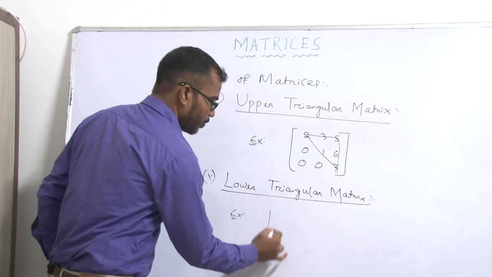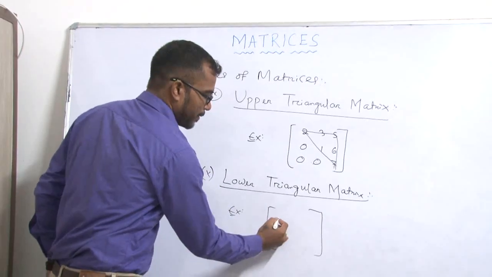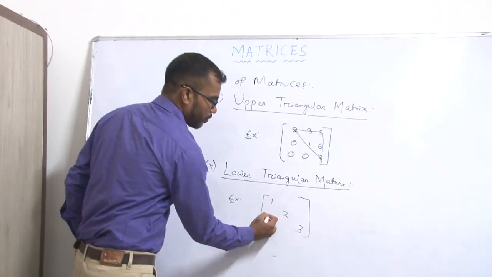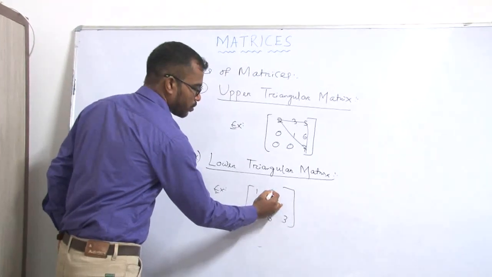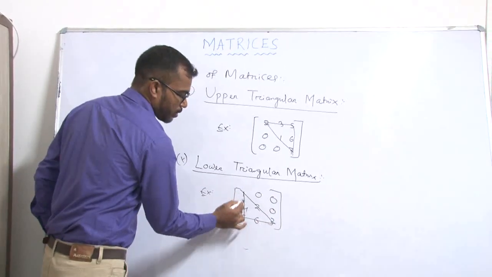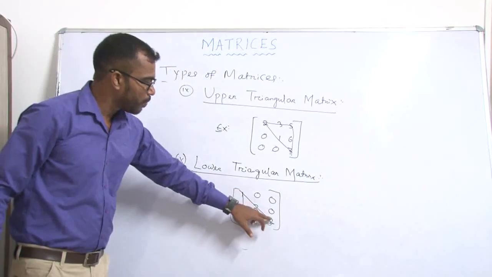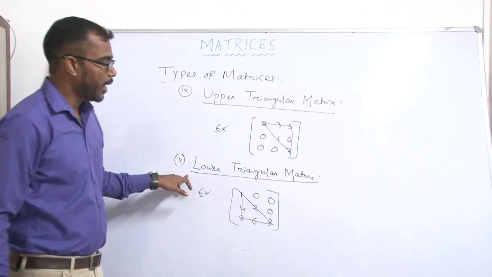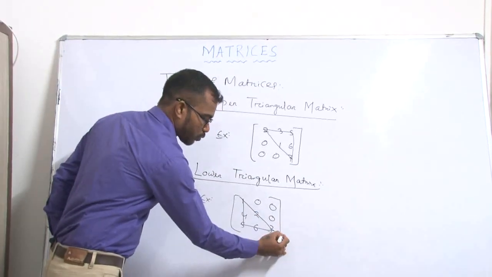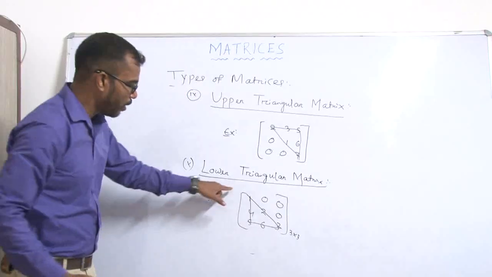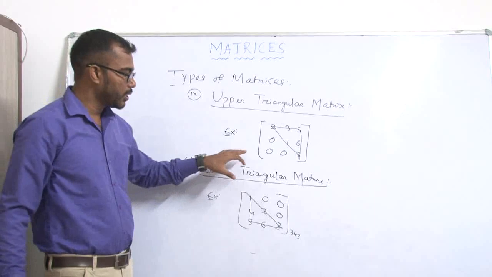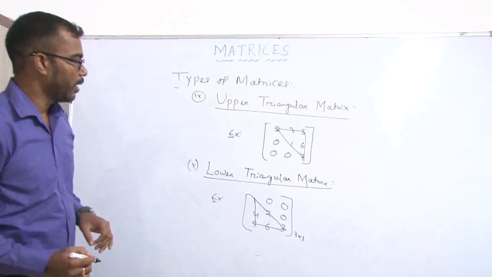That means we can write 2 0 0, 3 4 0, 5 6 7. The lower portion is triangular, so it is an example of lower triangular matrix. And it is also a square matrix, 3 into 3, and the lower portion is triangular. So it is an example of lower triangular matrix.